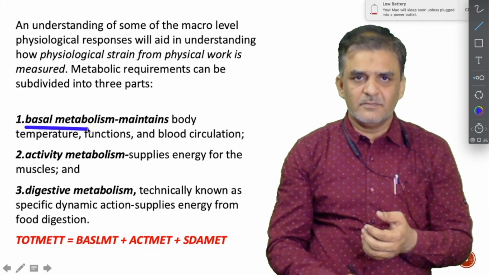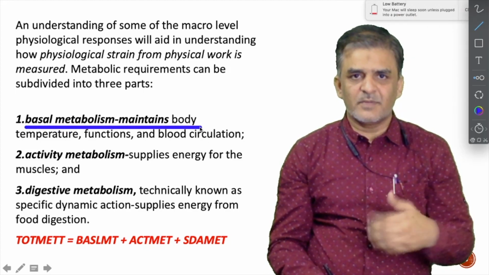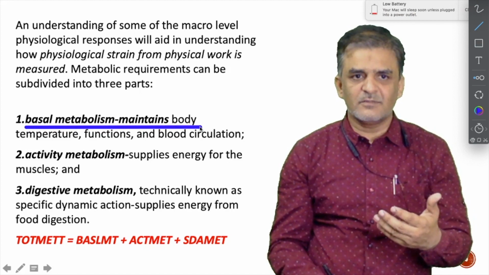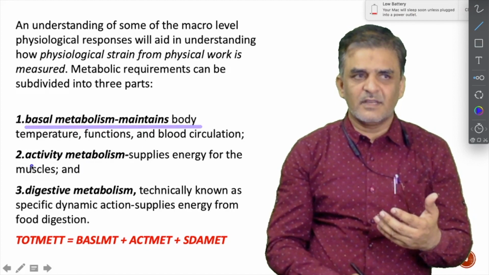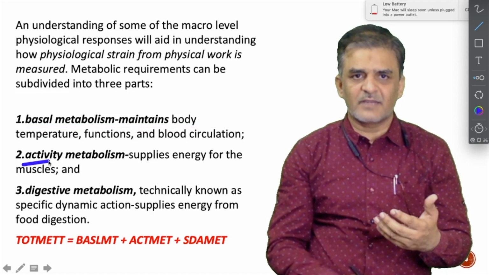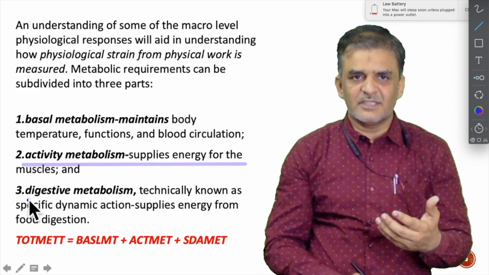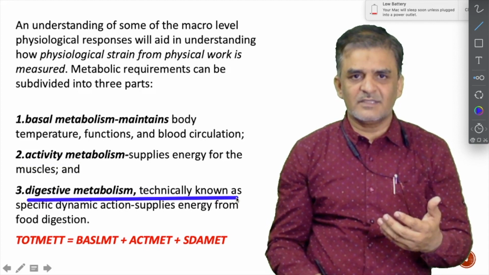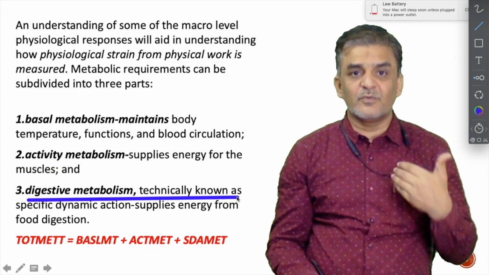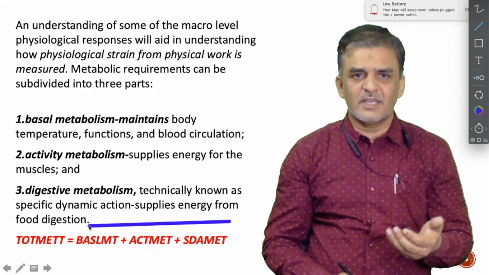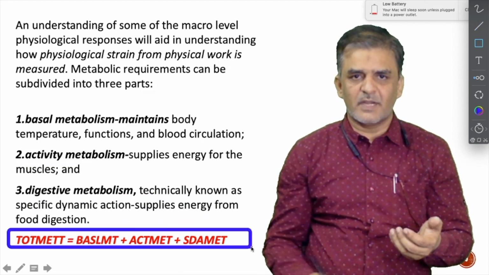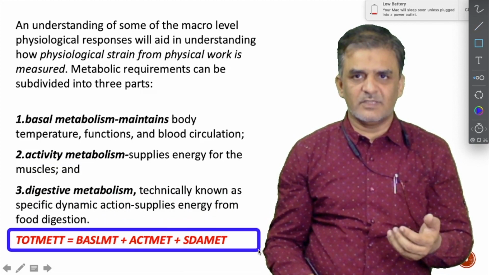Basal metabolism, where body temperature or function of blood circulation comes into action. Then activity metabolism supplies energy for the muscles. Digestive metabolism supplies energy for food digestion. So all three are combinedly called total metabolism.